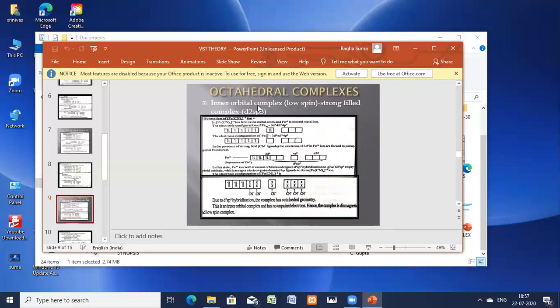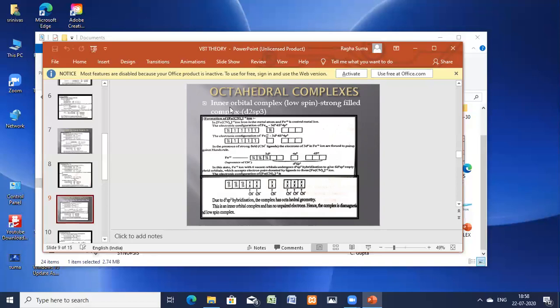I repeat once again, in inner orbital complexes, the electrons of the central metal atom get paired up against Hund's rule in the presence of a strong field ligand, and thereby n-1 is involved in the hybridization.